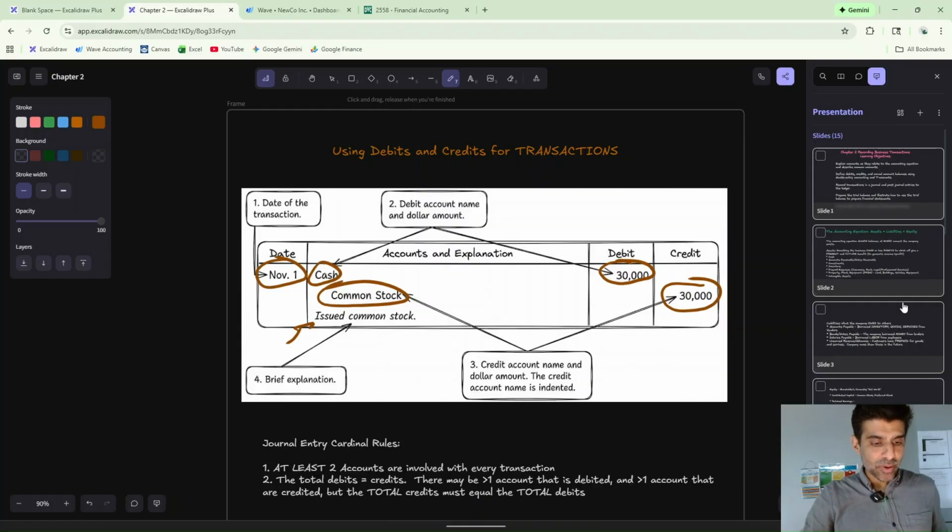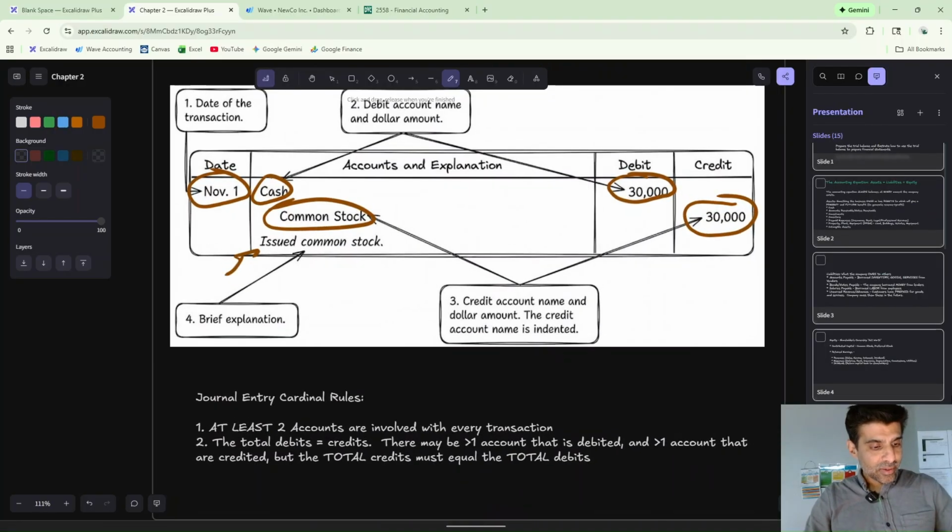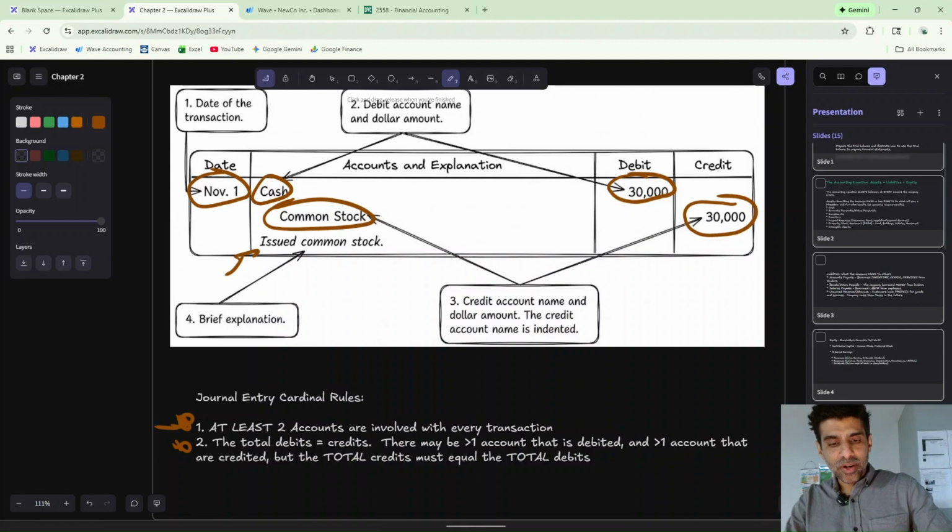Okay. So again, the cardinal rules are that there are at least 2 accounts, right? This is the first rule down here, and that the total debits and total credits are equal. So if there were 3 accounts involved, there could have been 1 debit for 30K, 1 credit for 10K, and another credit for 10K. But in this case, we're still obeying our cardinal rules.